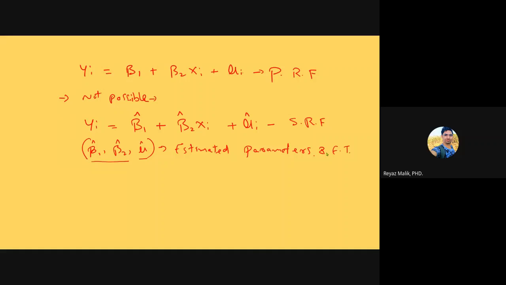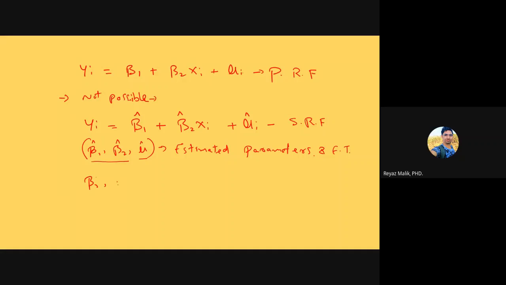That time it will be treated as estimated. So estimated itself means sample regression function. When you see beta 1 cap, beta 2 cap, or u cap, just remember that it is the sample regression function. It is the estimated one, not the actual one. Then what is this one called?